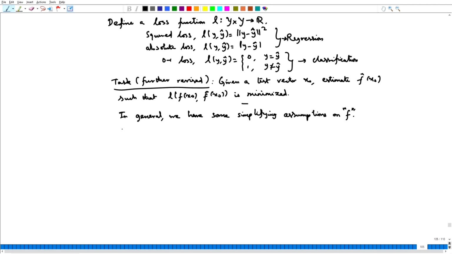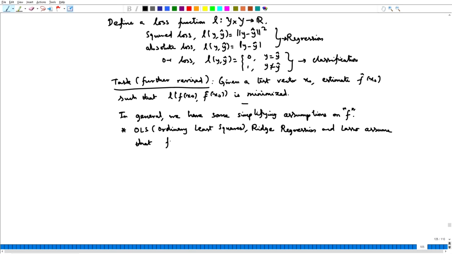To cite a few: the methods I just mentioned, OLS, which is ordinary least squares, and ridge regression, assume that f is linear.